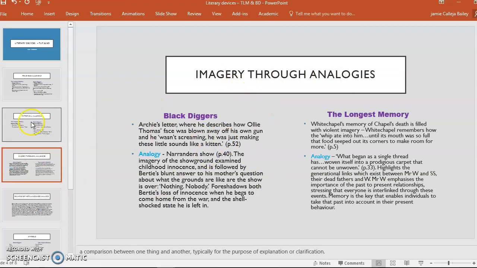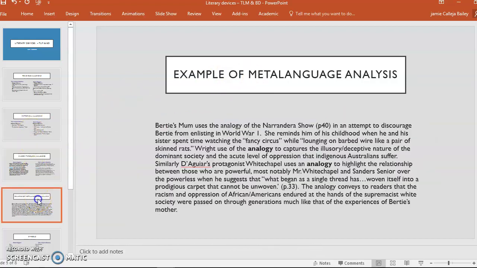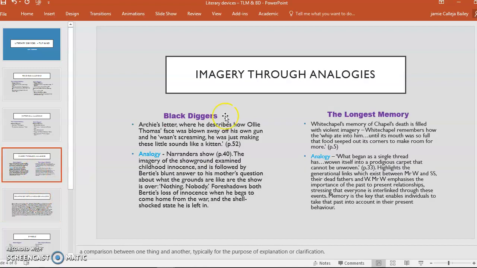The next thing that I wanted to look at is this idea of analogies. An analogy is a comparison between one thing and another, typically for the purpose of explanation or clarification. That is the literal definition for it.